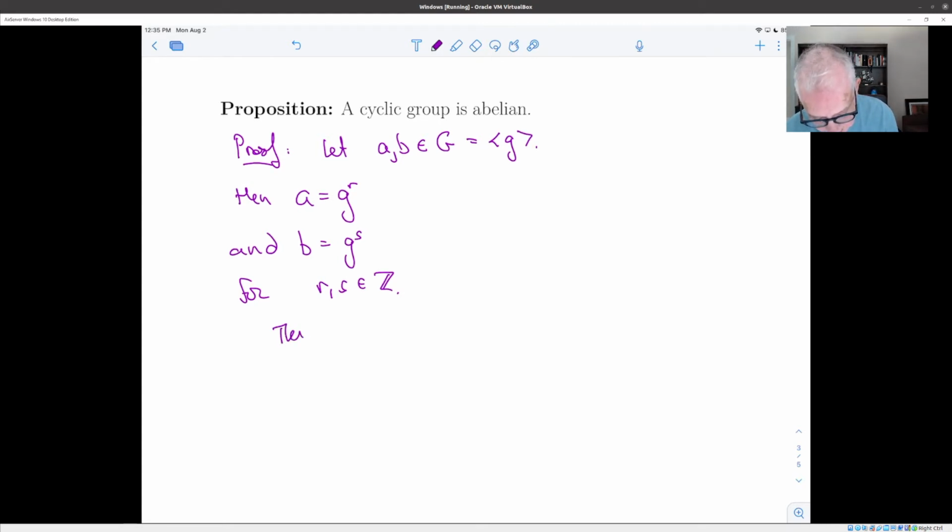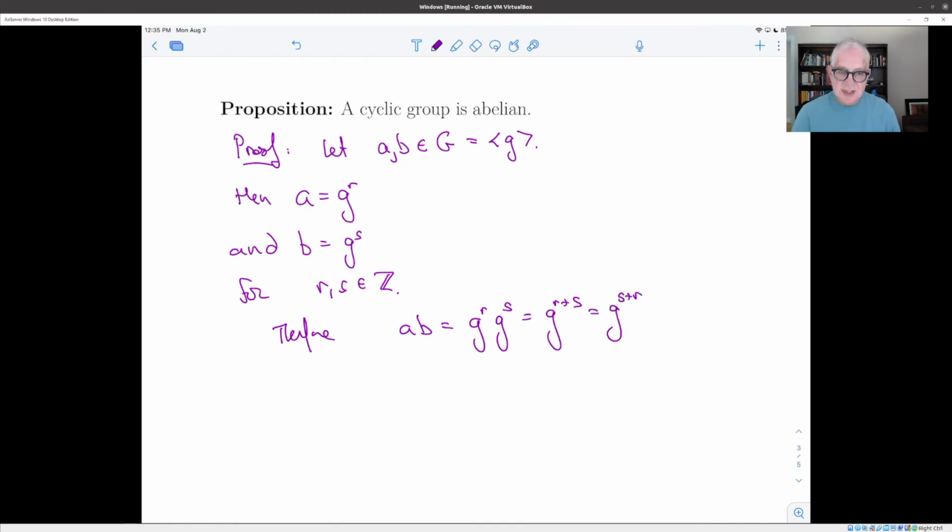But therefore, A times B, which is g to the r, g to the s, which is g to the r plus s, which is g to the s plus r, since addition is certainly commutative, which is g to the s, g to the r, which is B times A. And as a result, we see that G is abelian. The multiplication is commutative.